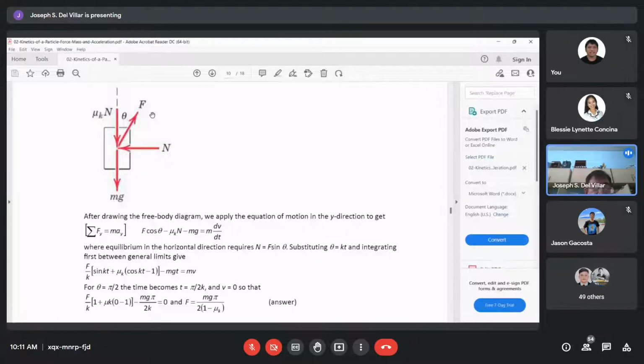Kaya makikita nyo rito, wala na siyang theta. No? Makikita nyo, ano na yun, in terms of k na. No? Nawala na yung angle. Kasi nga, nireplace yung angle theta ng kt. Okay? So, yung sine theta, magiging sine kt. Okay? So, ayan na siya. So, sine kt.